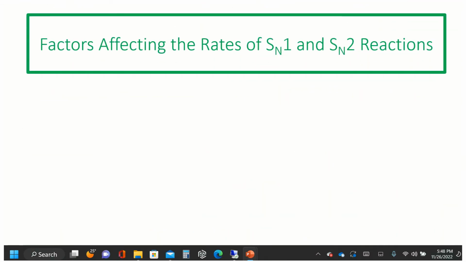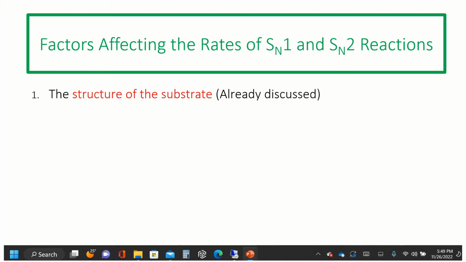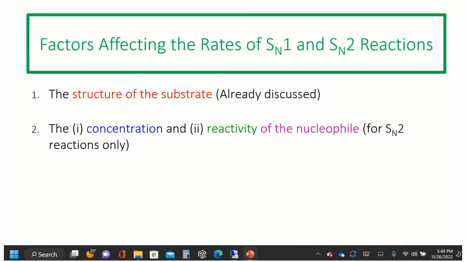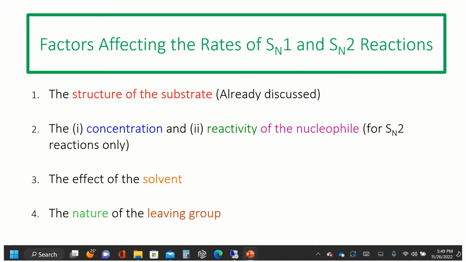The factors that affect SN1 and SN2 reactions are, of course, the structure of the substrate, as we mentioned before, the concentration and reactivity of the nucleophile, which is for the SN2 reactions only, and the effect of the solvent and the nature of the leaving group.